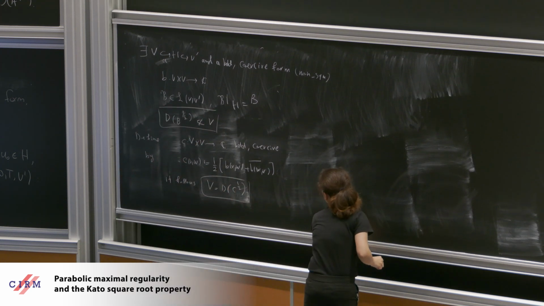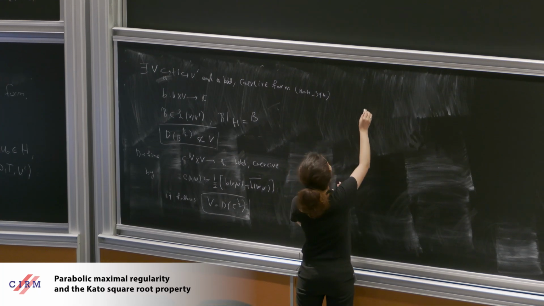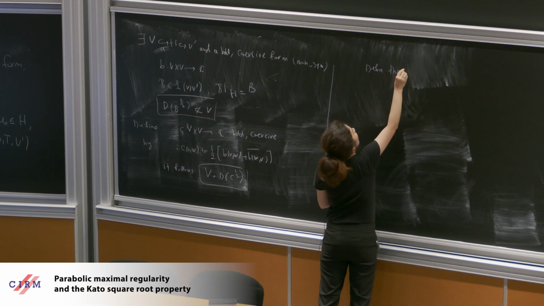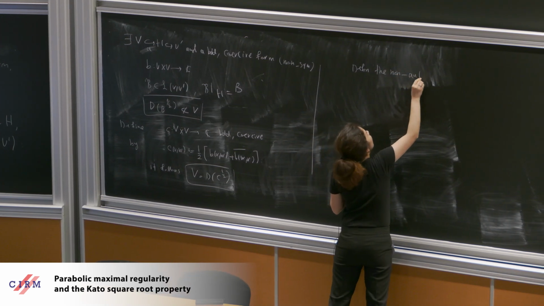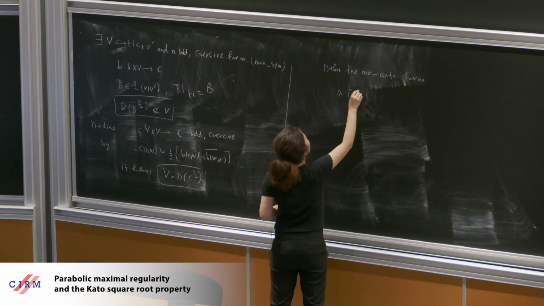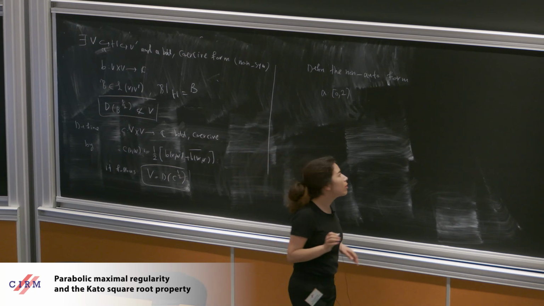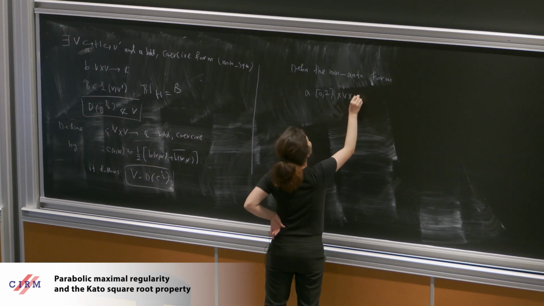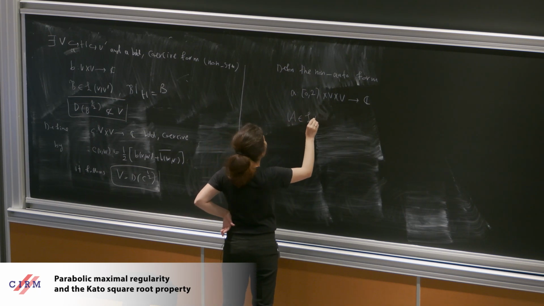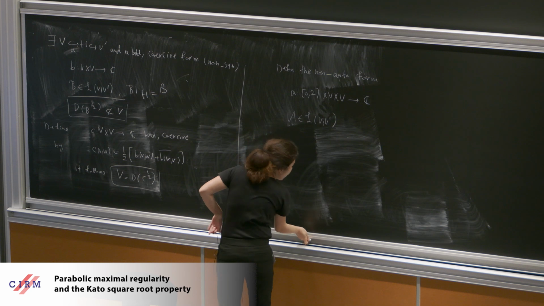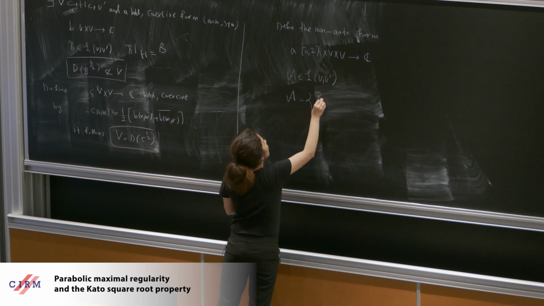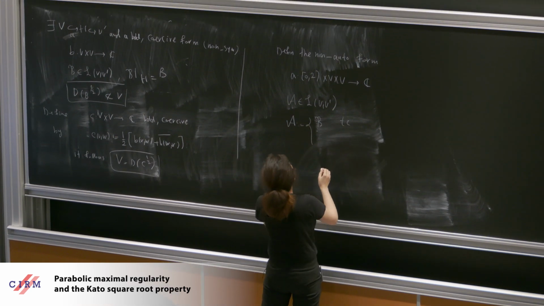And right now I can construct another form which is non-autonomous. Define the non-autonomous form, let us call it A. For the sake of simplicity, again, I will restrict my attention to the interval between 0 and 2, on V. I will denote the associated operator, which is bounded, by curly A. Sorry, I didn't introduce, I was very quick.